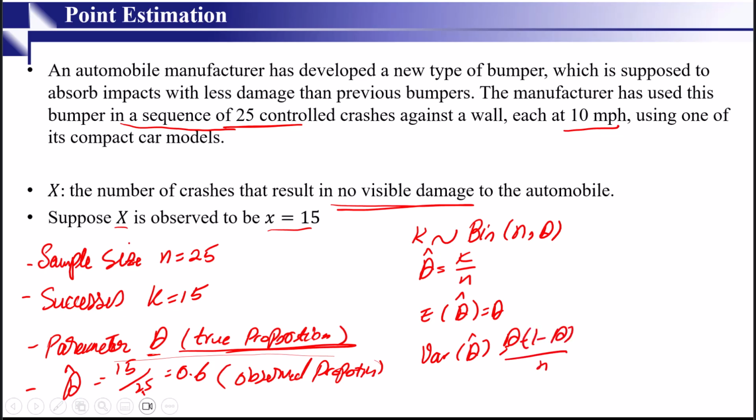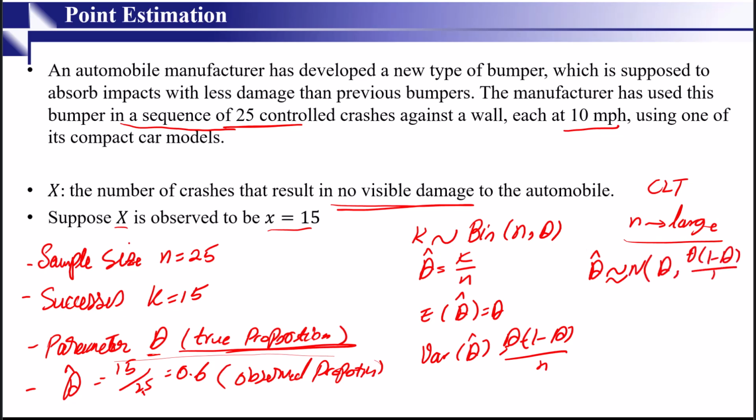If n is large, based on the CLT, the central limit theorem, then theta hat approximately follows a normal distribution with mean theta and variance theta times 1 minus theta divided by n.